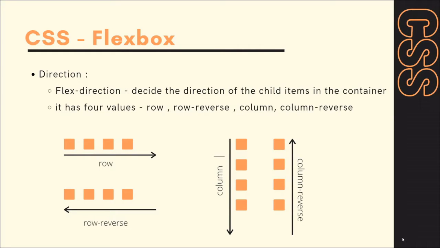First comes the direction. Suppose we have a product listing page where we have a number of items listed in a row. But suppose these items are block level items and we want to align one beside the other as shown in this figure. So for that we use flex and we can decide the direction of that flex also.